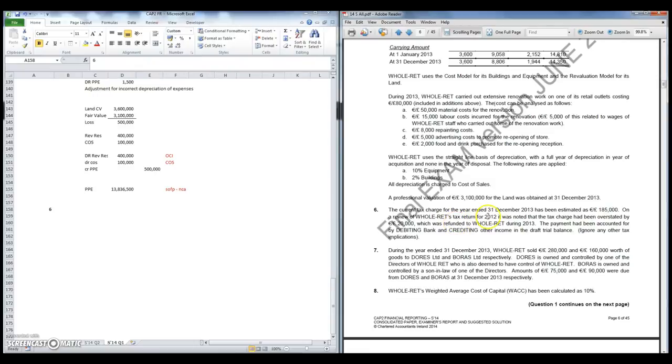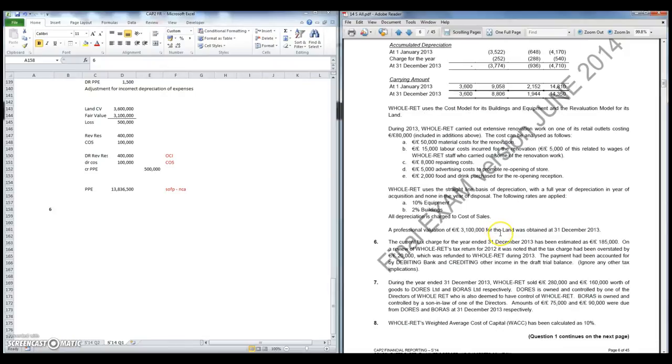On a review of the tax return for 2012, it was noted that the tax charge had been overstated by 20 grand and was refunded during 2013. This payment has been accounted for by debiting bank, which is correct, and crediting other income in the draft trial balance. So I reference students here to workshop 2, where we covered off some of this before.